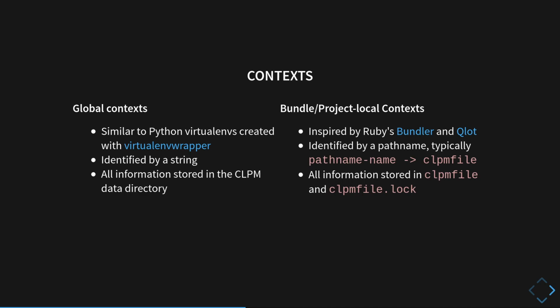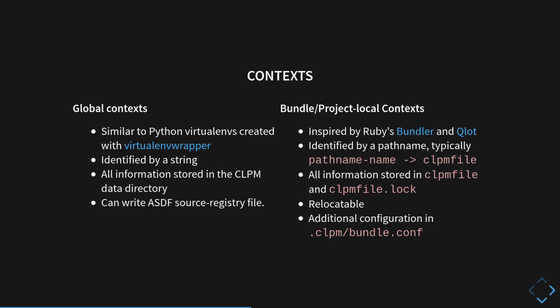Bundles are designed to be both relocatable and contain additional configurations specific to that bundle. One last feature of global contexts is that much of their information can be written to an ASDF source registry file so that after the resolution and installation is complete, CLPM is not needed at all to build anything in the context. While these are both useful, I will be focusing on bundles for the remainder of the presentation.